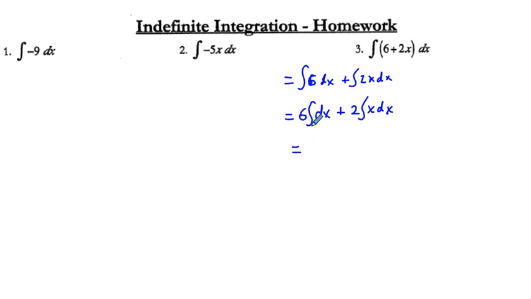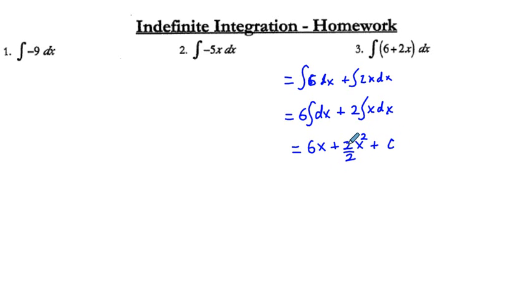The integral of dx is x, so we're going to have 6x, plus 2, and we have x, and we bump up and divide, so x to the power of 1 already, so that's going to be x squared over 2. We divide by the power we raise to, plus our constant of integration c.